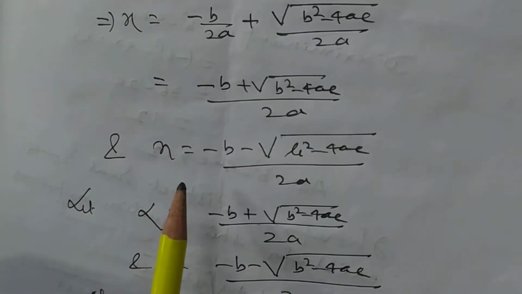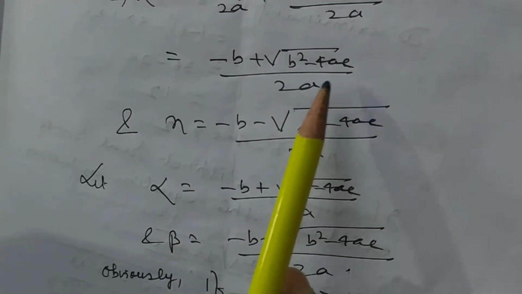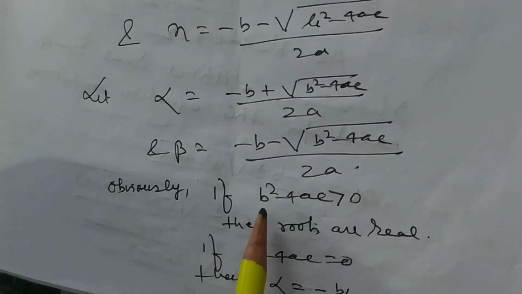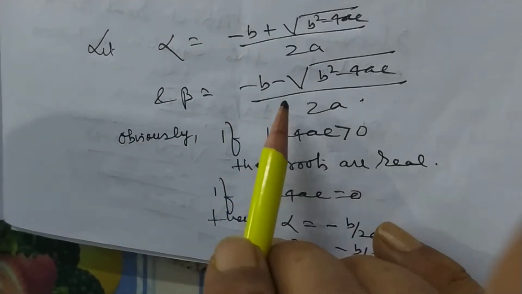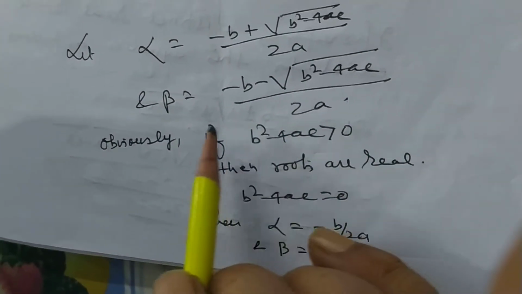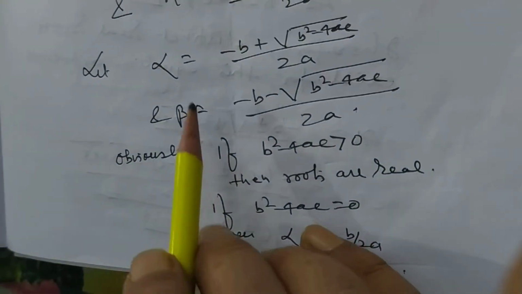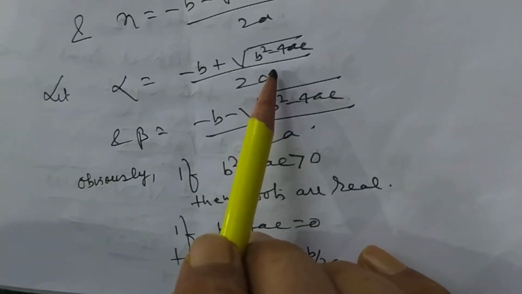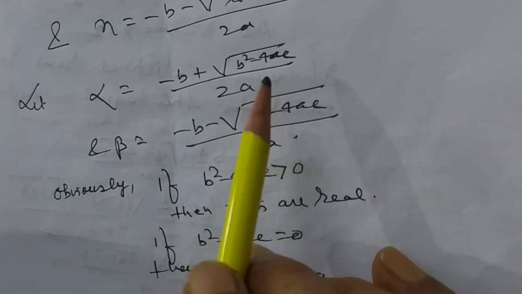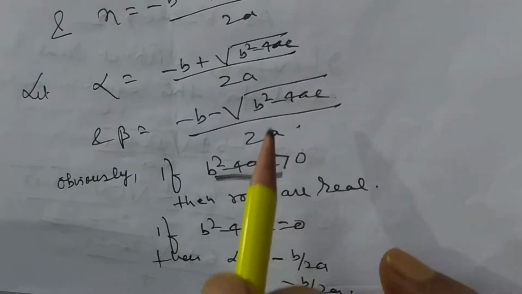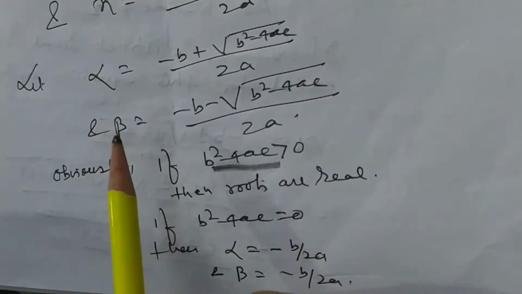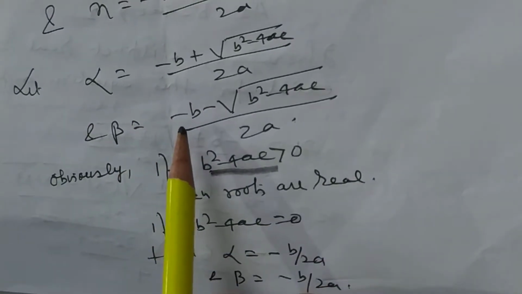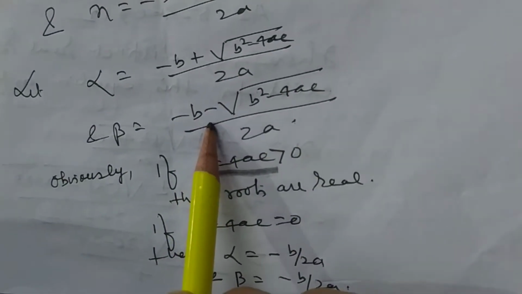Considering the value of x, minus b plus root over b square minus 4ac by 2a is equal to alpha, and minus b minus root over b square minus 4ac by 2a is equal to beta. We have two roots. Now, we can observe here, if the value of b square minus 4ac is greater than 0, that is positive, then alpha and beta both will be roots of the quadratic equation.